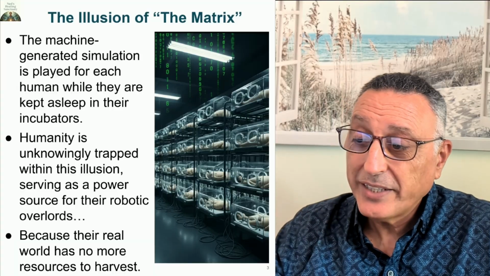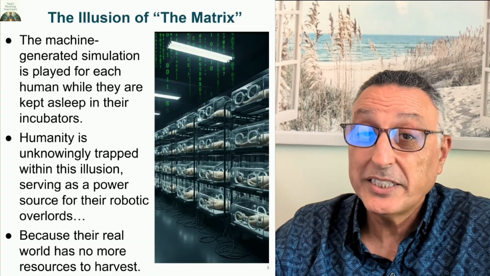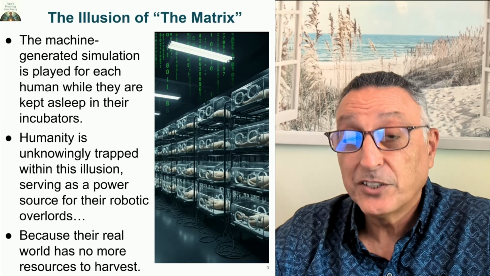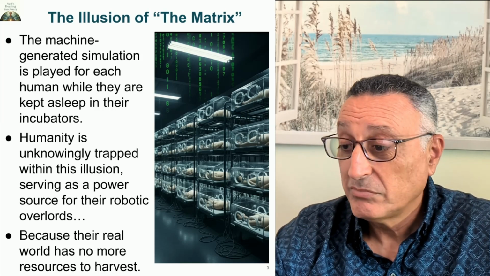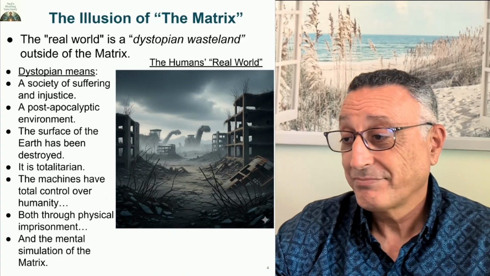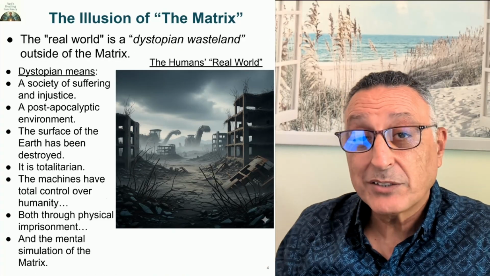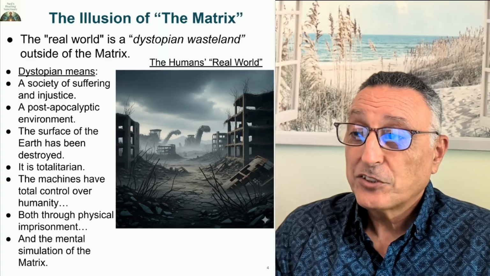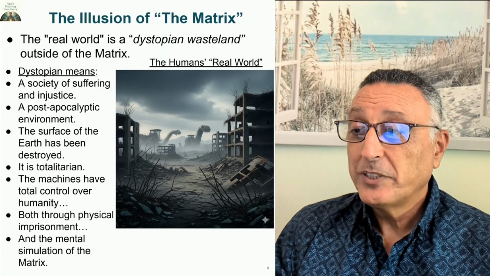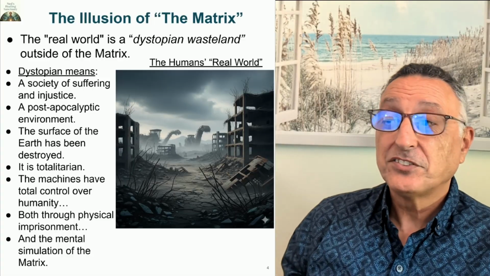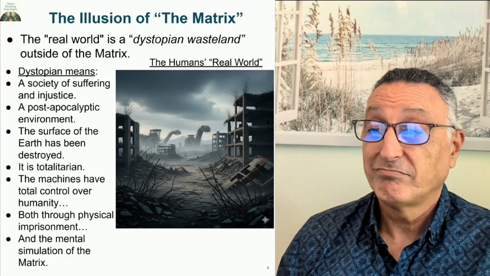And the reason why their body heat is being harvested like this is because their world has been destroyed by an apocalyptic war. And it looks like this. That is their world outside. And so this is called a dystopian wasteland. Dystopian means the society is suffering and injustice.